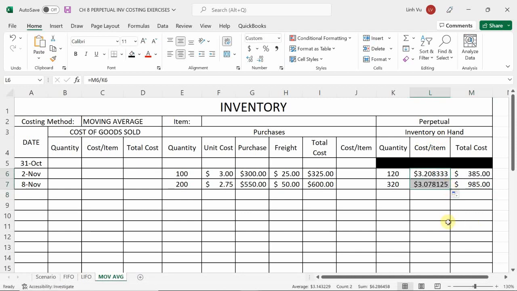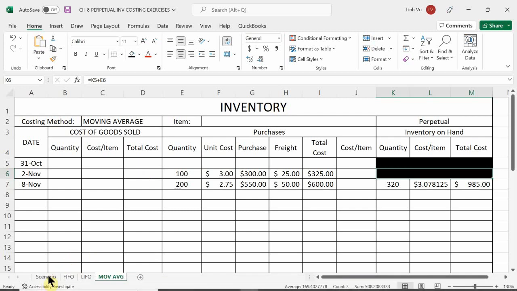Good. And then we can hide this because we don't have this number anymore, right? We purchased inventory, so it increased. So now I have a total of 320 units to sell.